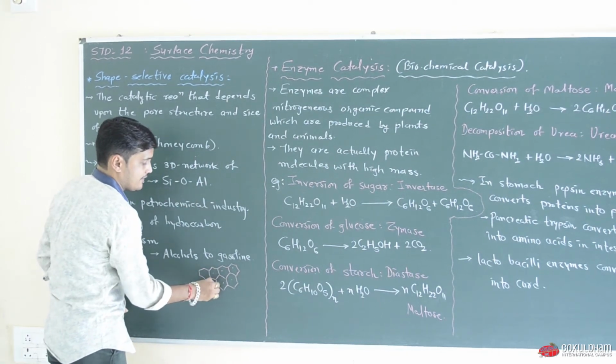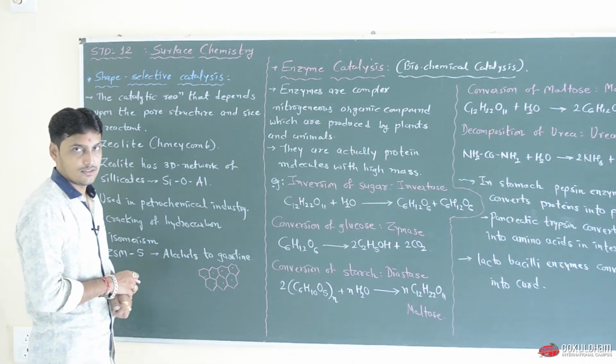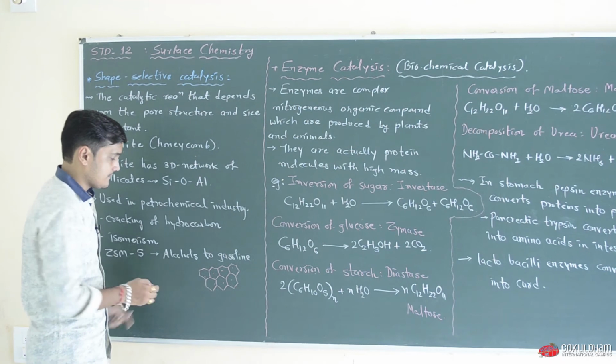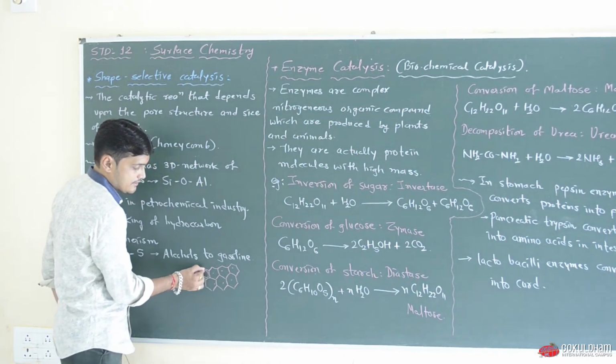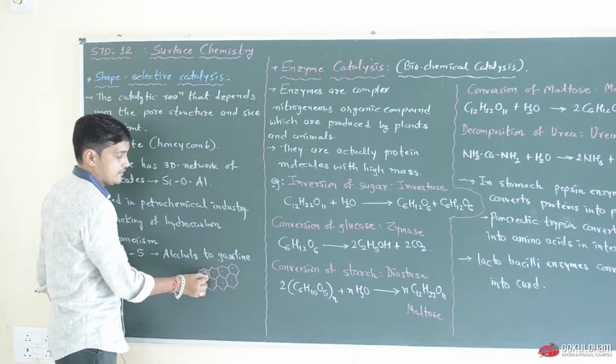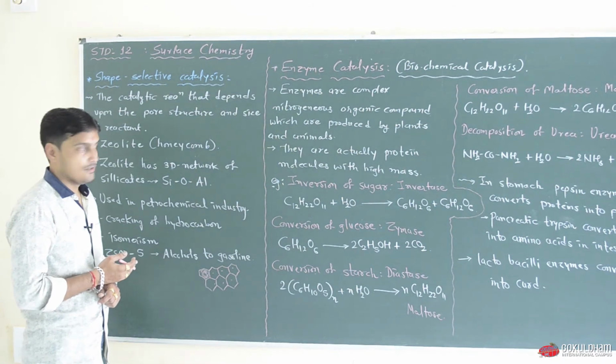These pores are very helpful in catalytic processes. When our reactant size is small enough to fit in this space, at that time this zeolite increases the reaction rate very fast. Okay.